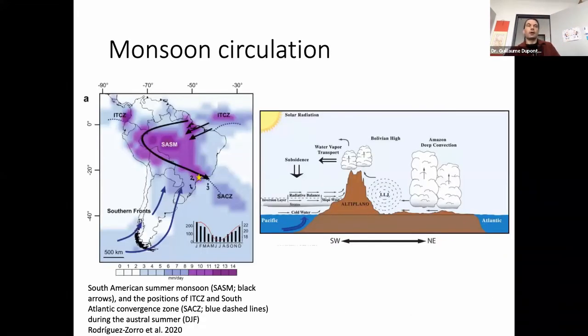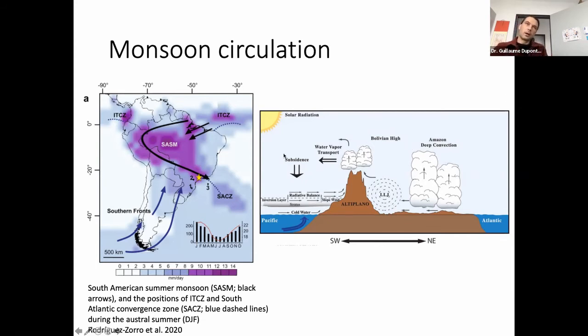Another part of the climate system of South America is the South American summer monsoon. The monsoon is a circulation system which acts between ocean and land. When we have the Southern Hemisphere summer, this is December, January, February, the sun hits the Earth's surface south of the equator, and this causes heating and the formation of clouds, which we call deep convection.